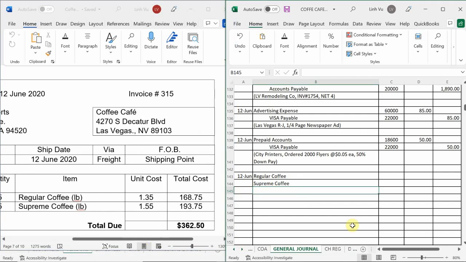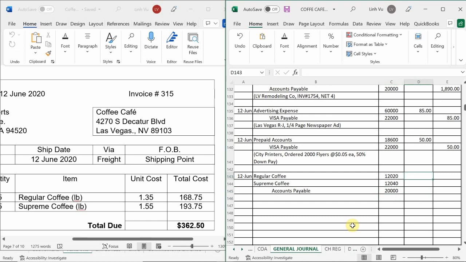Accounts payable. We're going to keep it, we're not going to pay him now, we're going to pay him later. So in this case, we're going to pay him on account. So 12.20, 12.40, and accounts payable is 20,000.